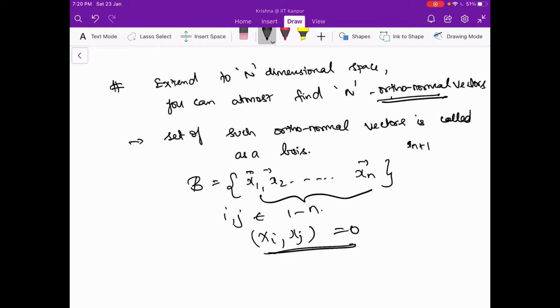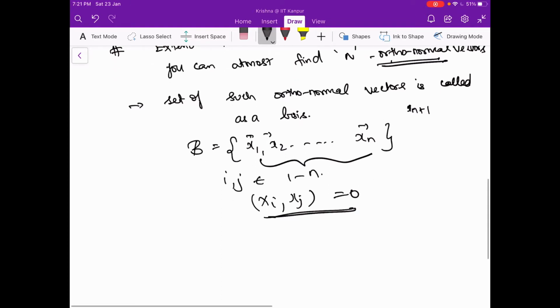So x1 cannot be represented by any linear combination of any other vectors, and for any n-dimensional space you will have n linearly independent vectors. Orthonormals are just an example of linearly independent vectors, so we will drop this discussion at that. Okay, so this B is called a basis set, and these vectors are called basis vectors.